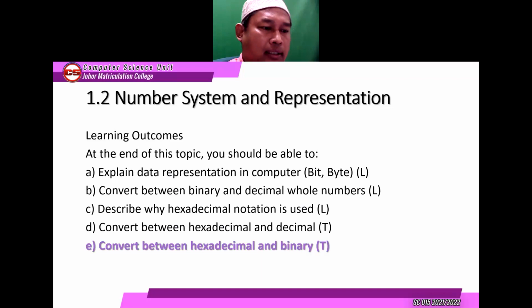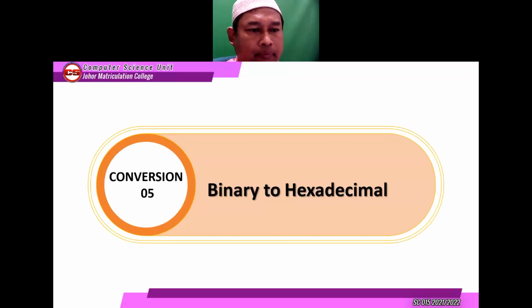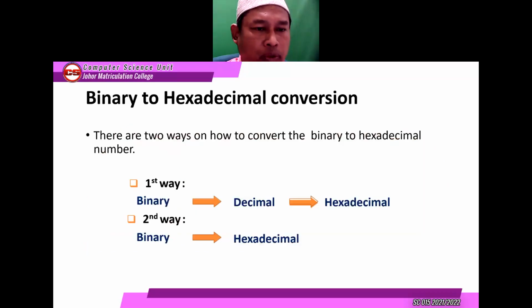All right. Now convert between hexadecimal numbers and binary numbers. Binary numbers to hexadecimal numbers. Now we will convert binary to hexadecimal numbers. There are two ways to convert binary to hexadecimal numbers.